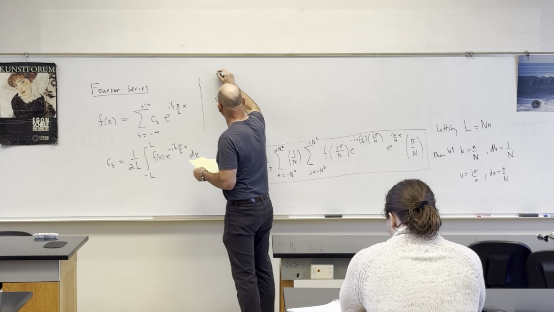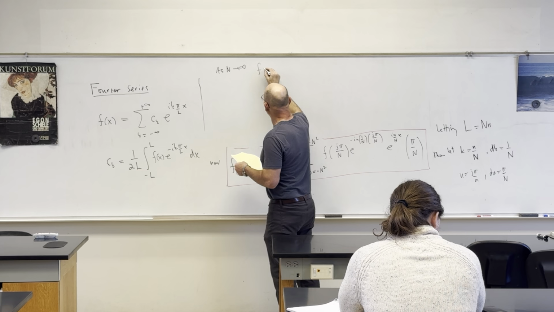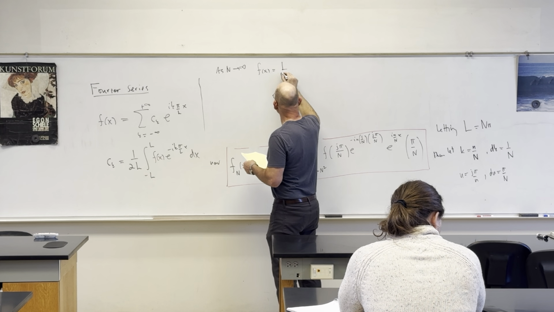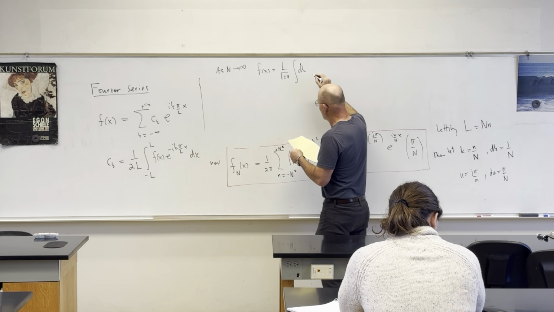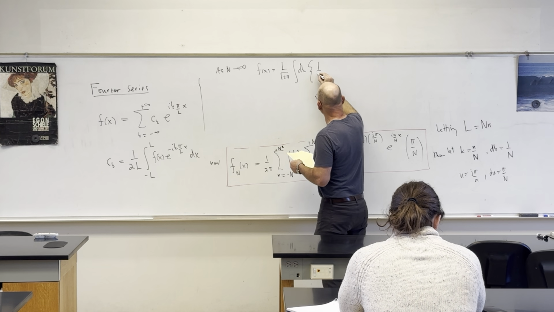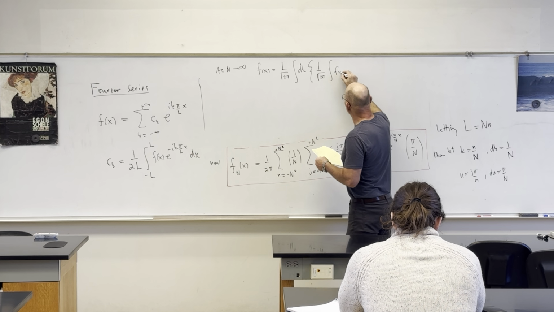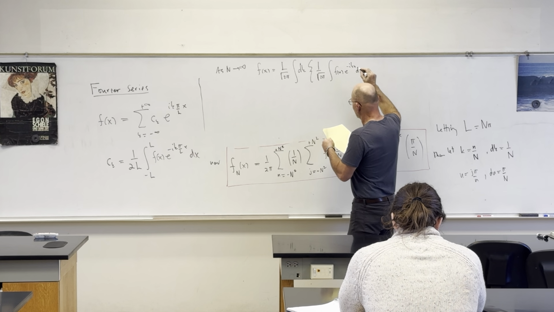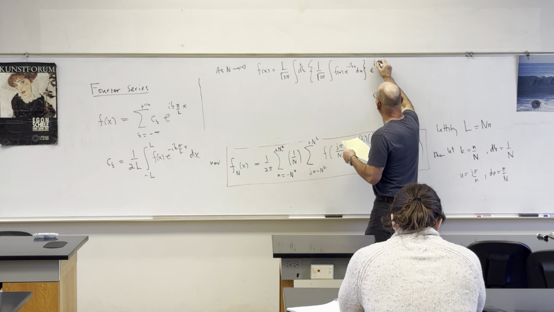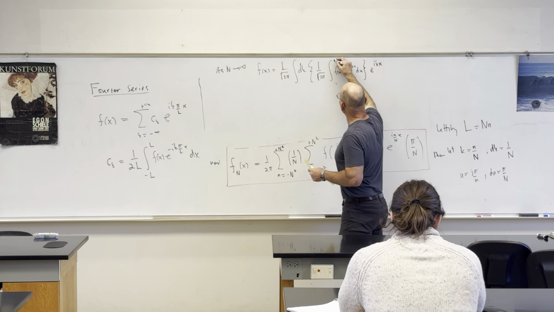As n goes to infinity, we are getting f of x equals 1 over root 2 pi integral dk, 1 over root 2 pi, f of u e to the minus i k u du, e to the i k x, from minus infinity to plus infinity.